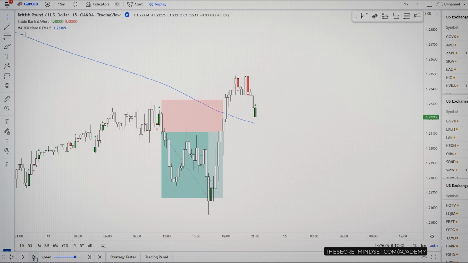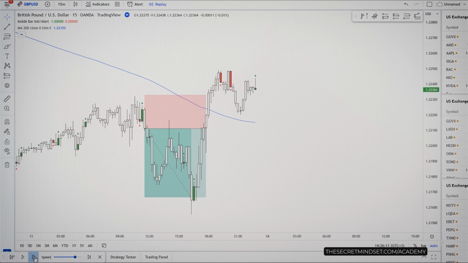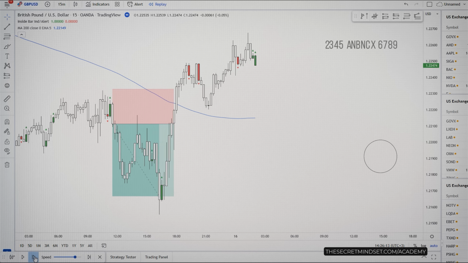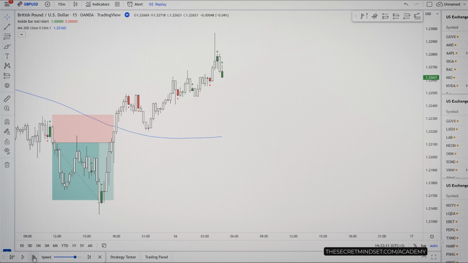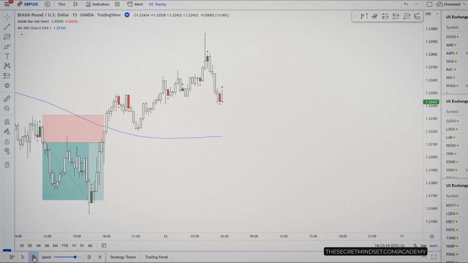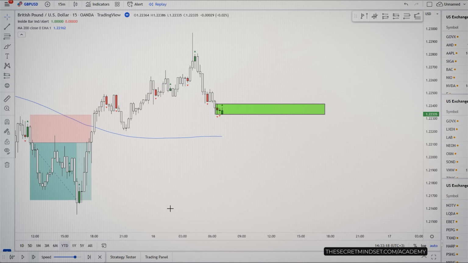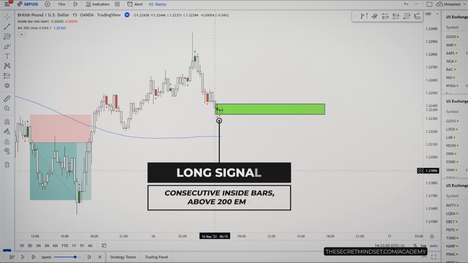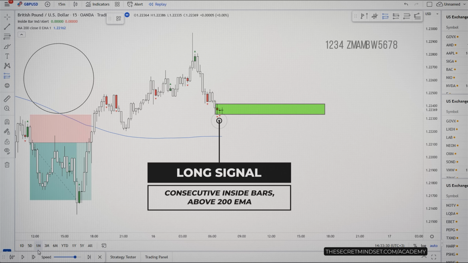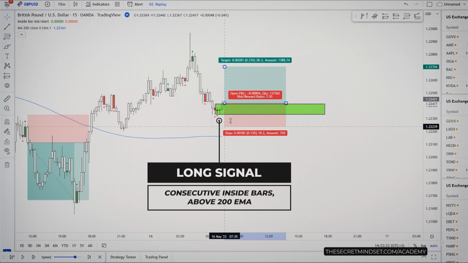Price broke above the 200 EMA, so now we are looking to buy the market. And here's the signal to enter. Consecutive inside bars. You buy here at the breakout of the channel.